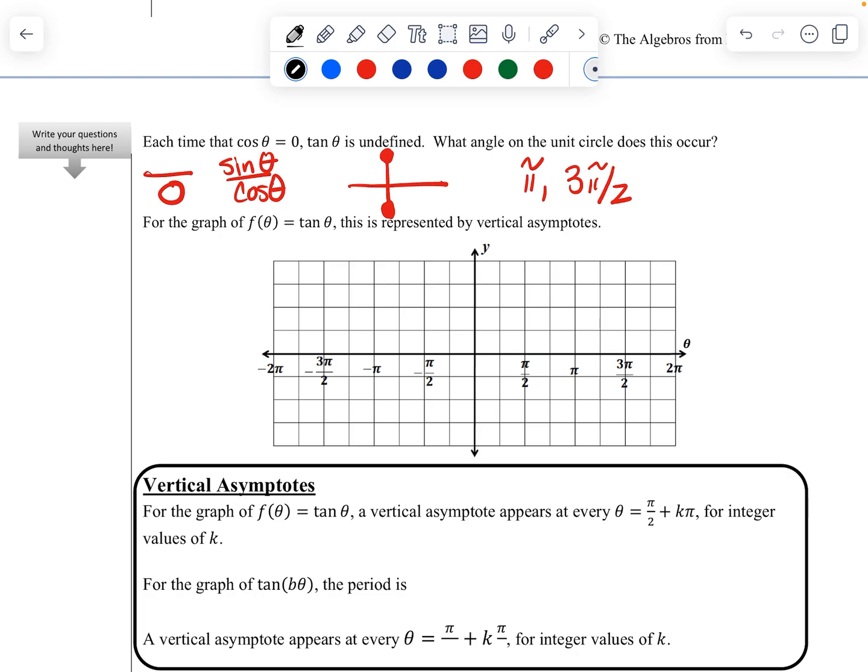When you can't divide by 0, that's where there's a vertical asymptote. Remember from last unit when we did those rational functions? Like x equals 3 is a vertical asymptote because 3 minus 3 is 0. So when we're graphing this, there's a vertical asymptote where the cosine is 0.